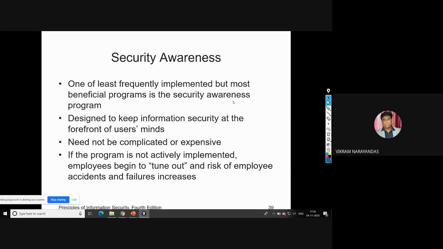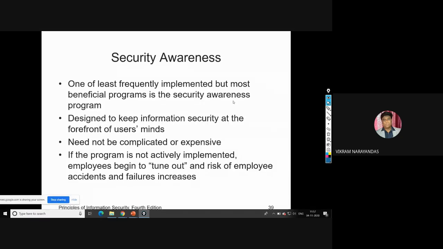If the program is not implemented actively, what happens? Employees begin to tune out, and the risk of employee accidents and failures increases. You don't have the awareness of how to use the system, or which system should be used. In the 6 months of training, they will train everything regarding the policies and laws of the organization.